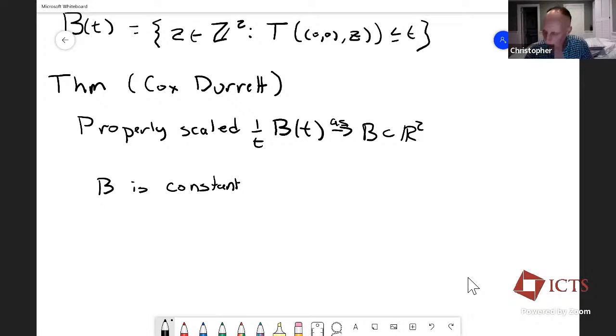And what do I know? I know that B is constant. It is symmetric, so it has all the symmetries of Z2, and it is convex, non-empty, and it is not everything.